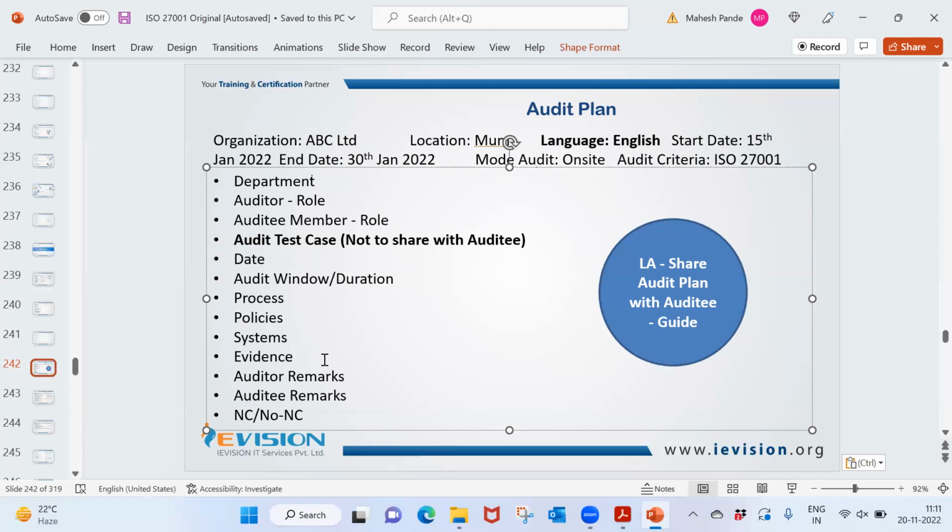Audit is not always smooth. You must have experienced that. Yes or no? Sugato, Sujit, Rohit, what's your experience? Is audit always smooth? Rohit? No, never.